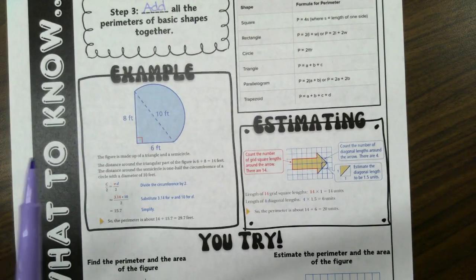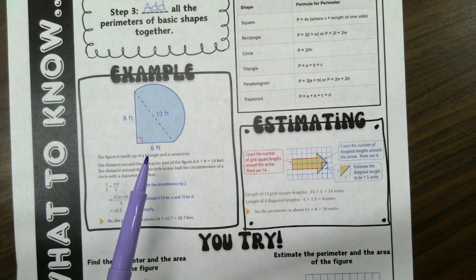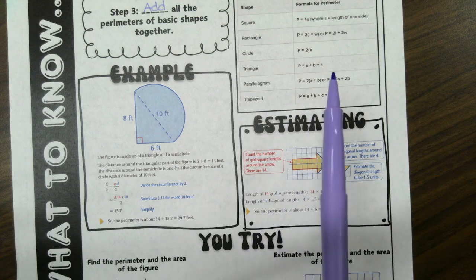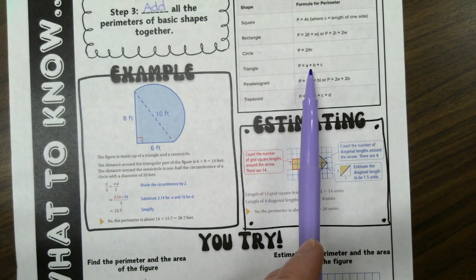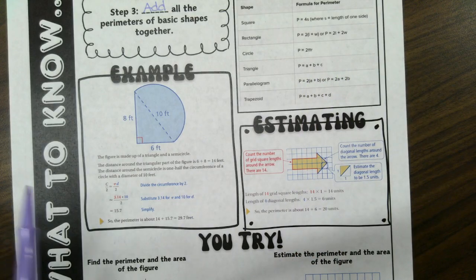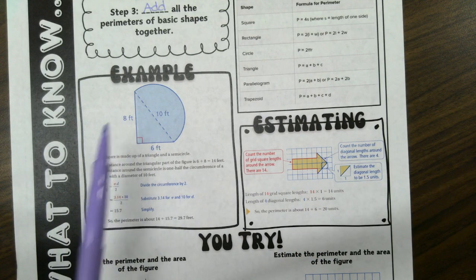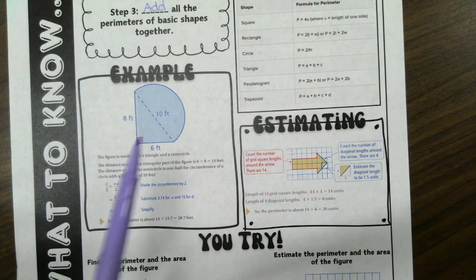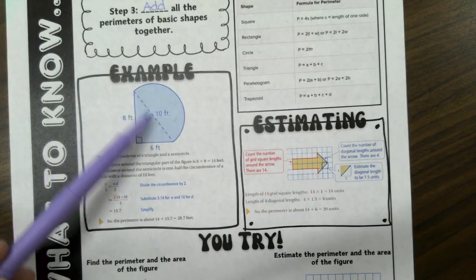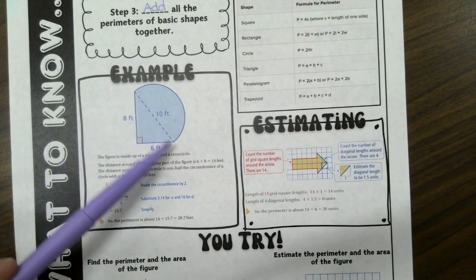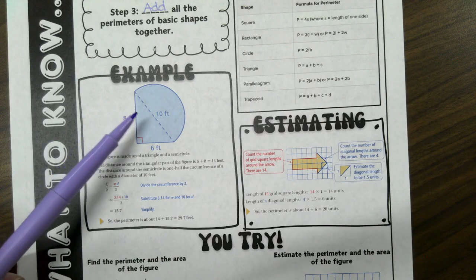So the first example we have the same composite shape that we had on the other side. And here you are going to look at triangle. We know is A plus B plus C. So we just add it all together, right? So because we are not using this side, because it's part of the figure, we are going to give that to the circumference.